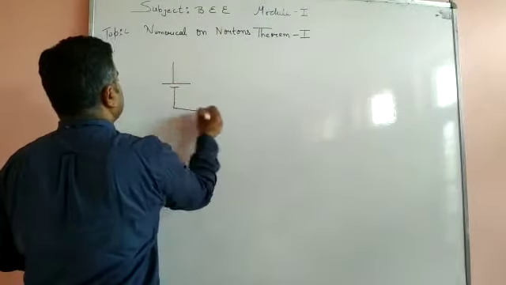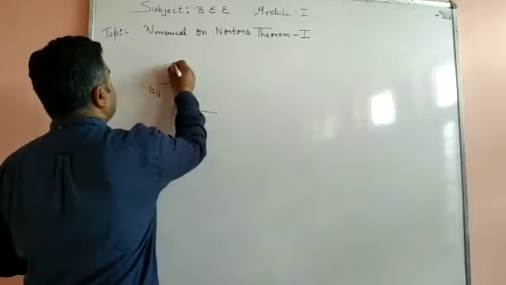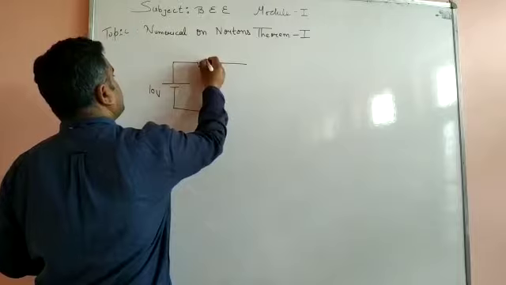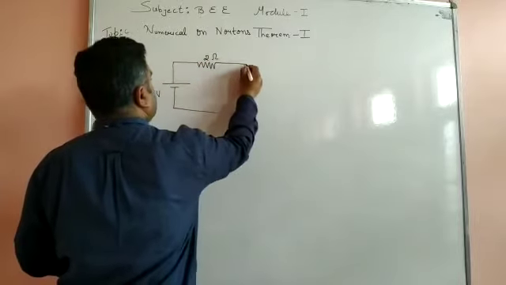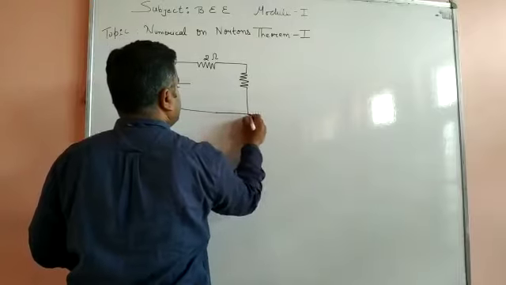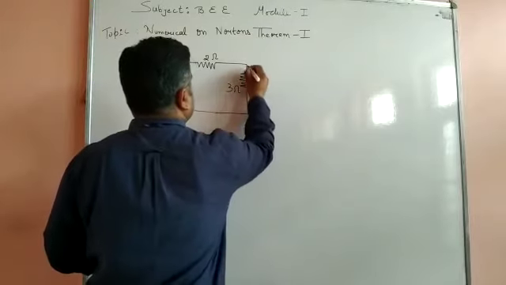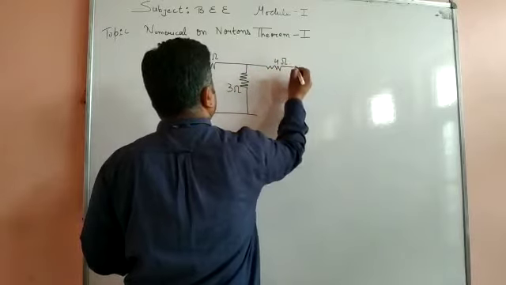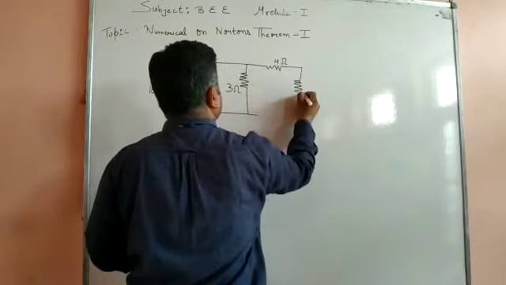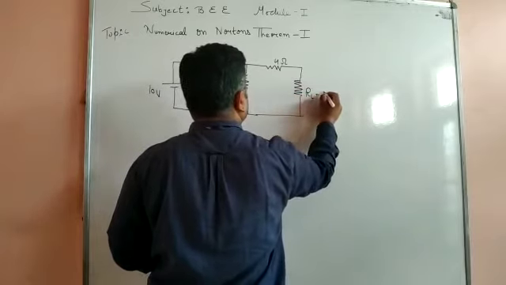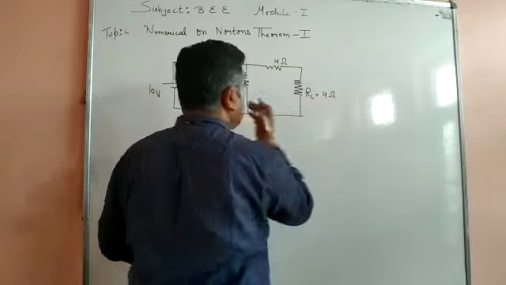This is the 10 volt supply, resistance 2 ohm, 3 ohm resistance, this is 4 ohm resistance, and this is the load resistance whose value is 4 ohm.